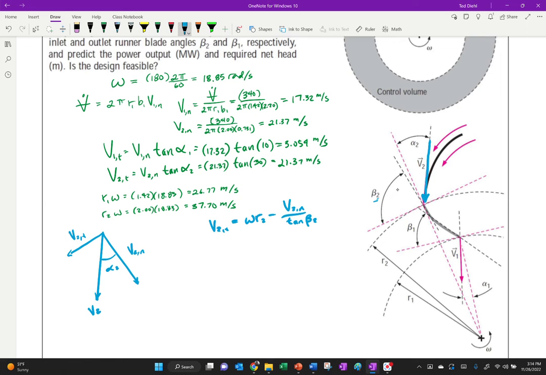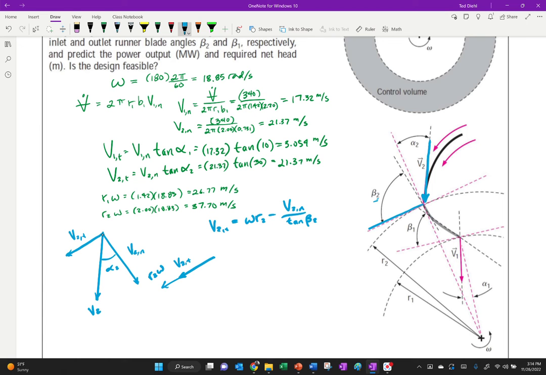So what this is really saying, so we also have a tangential right there. We try to make those parallel. Here is our R2 omega, and I don't know, is this the right magnitude? We say here's our V2 tangential.